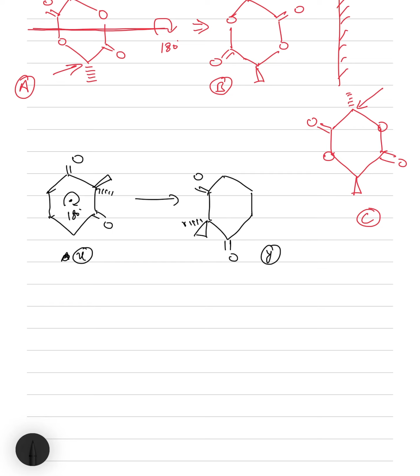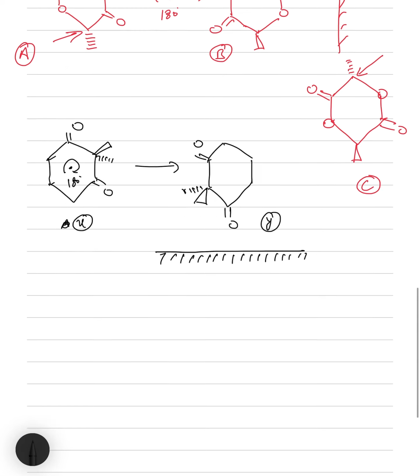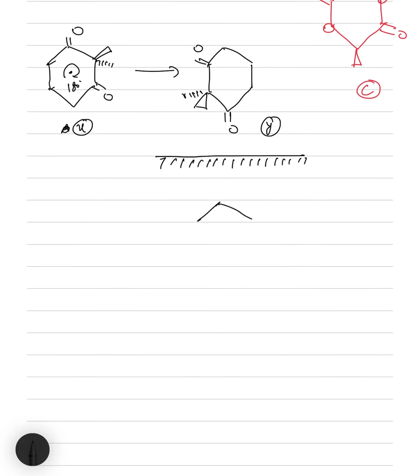So if the axis is perpendicular to your screen, the plane which we check is this one. Along this plane we have to take the mirror image, right? If you take the mirror image of this molecule along this plane, it will come out to be like this.